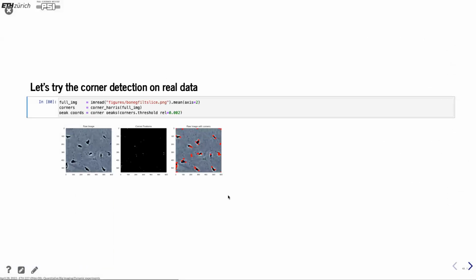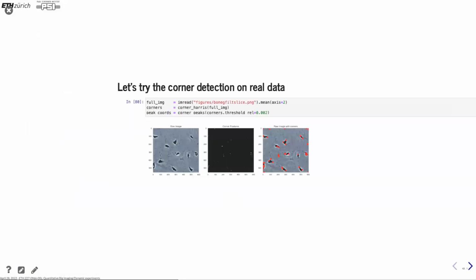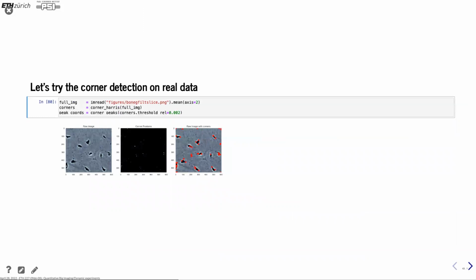So, no, that was that one. Okay, so another one is to look at the corner peaks on the real data. So this is the bone cell data. And what we are doing is actually we're reading the data and we're using a filter called corner Harris.